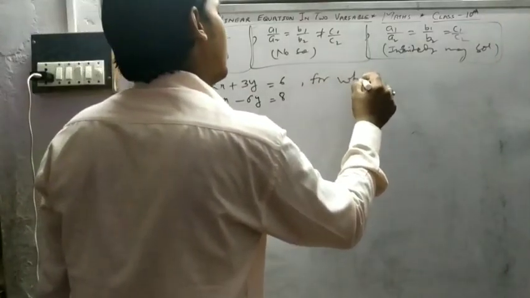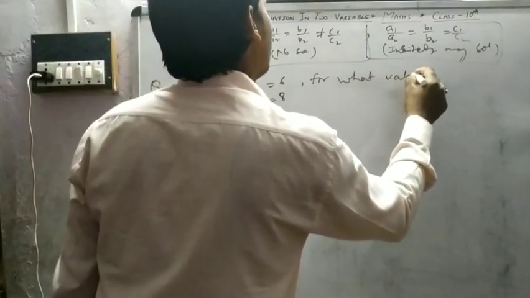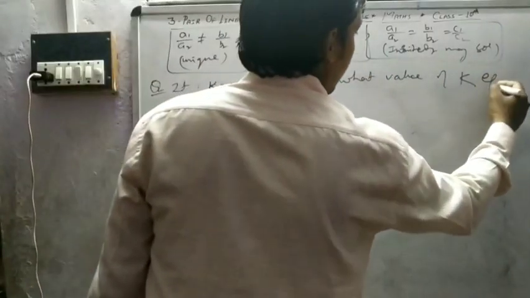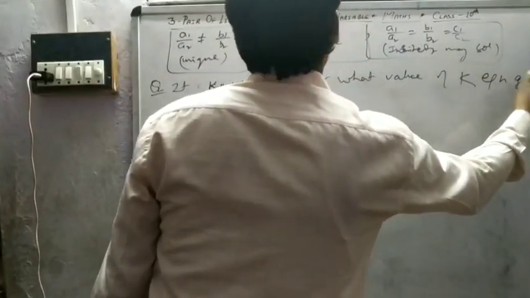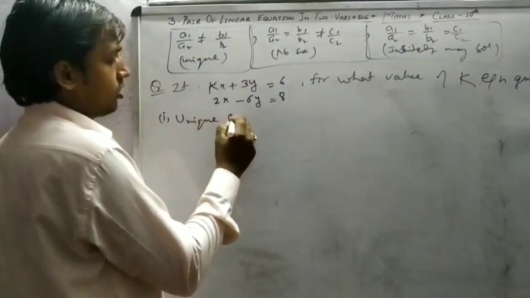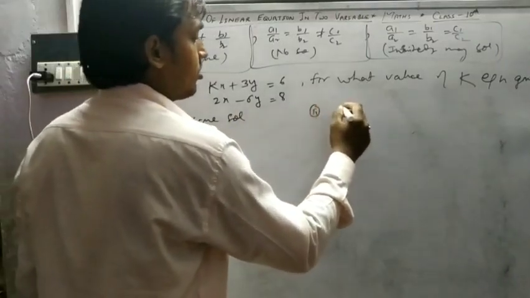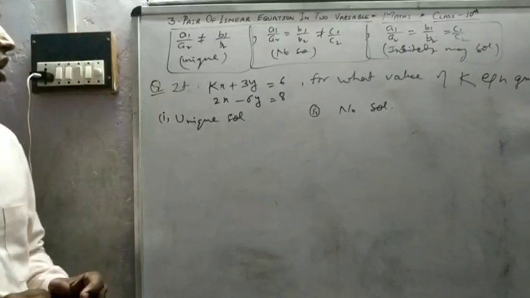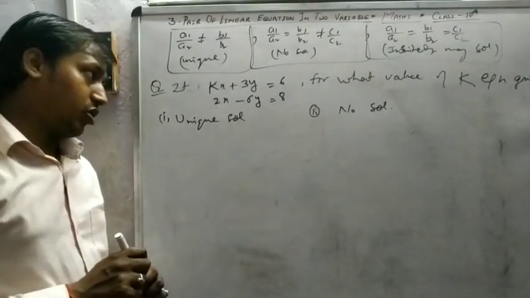For what value of k does the equation give first unique solution, second no solution? Means for what value of k the equation gives a unique solution.